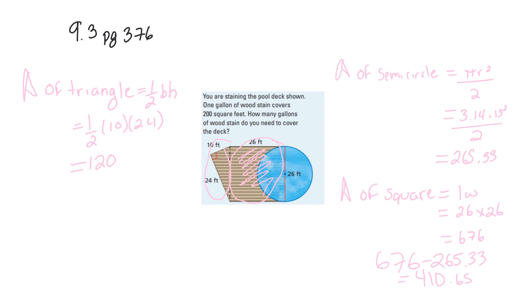So go ahead and add that to your 410.65. So 120 plus 410.65 is going to give us our total area of the deck.